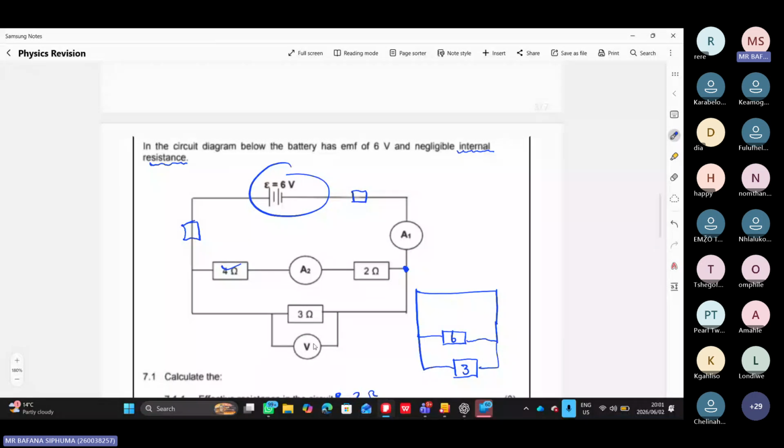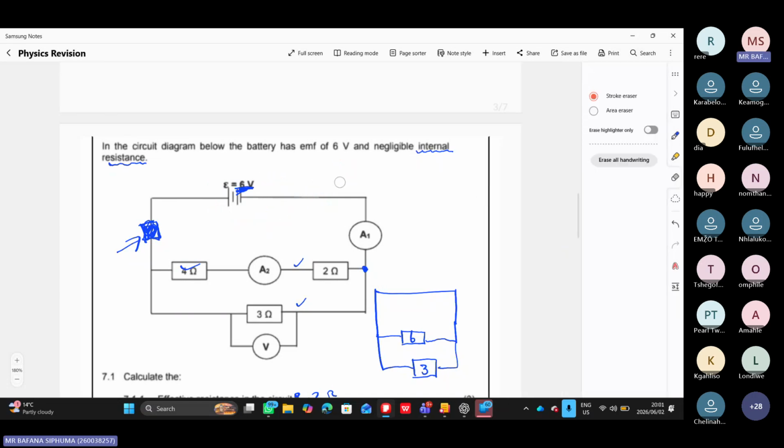And that applies only when we don't have a resistor maybe connected like this and an internal resistance. So when you go to exam and you find a resistance connected somewhere there, never ever say this 6V applies here and there. There will be changes. So let me remove this.